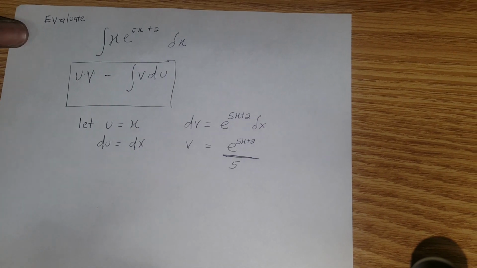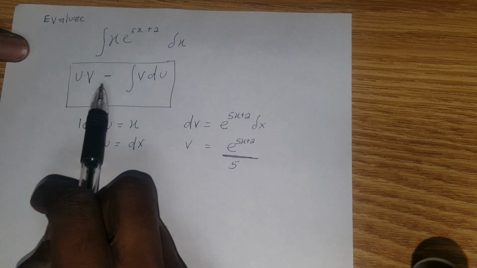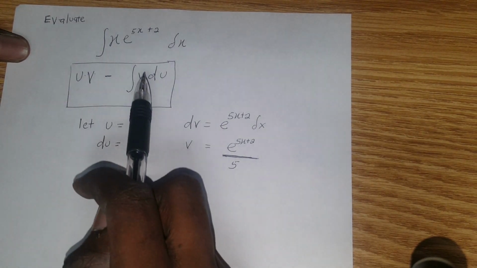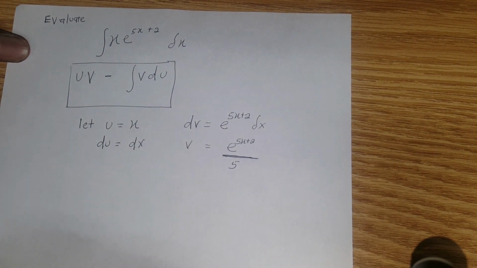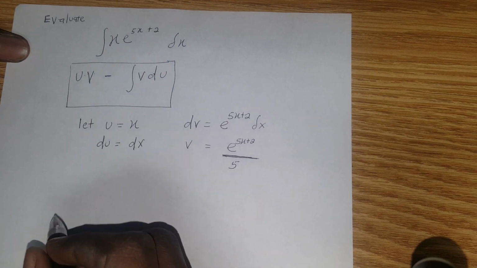As the formula says, we multiply u by v, and we subtract the integral of v du. So we multiply our v by our u.